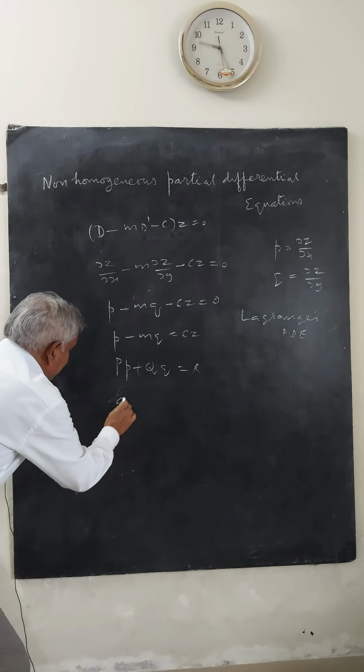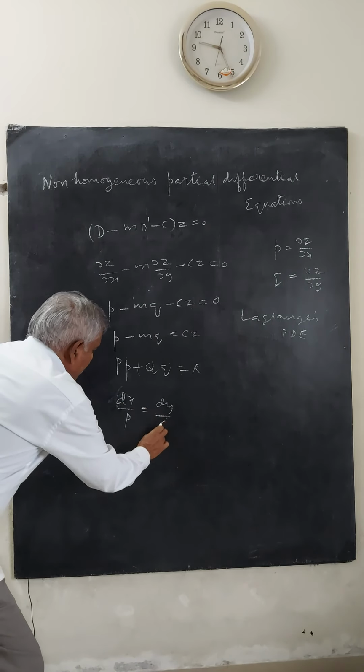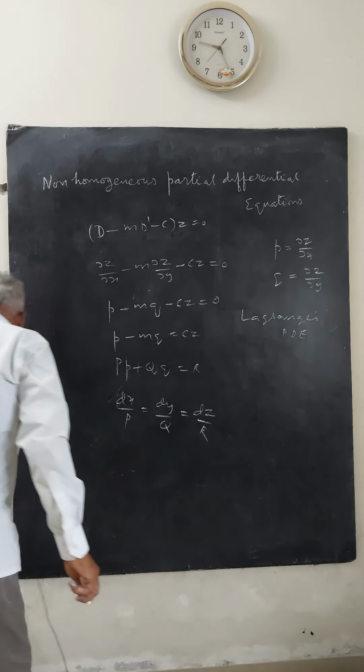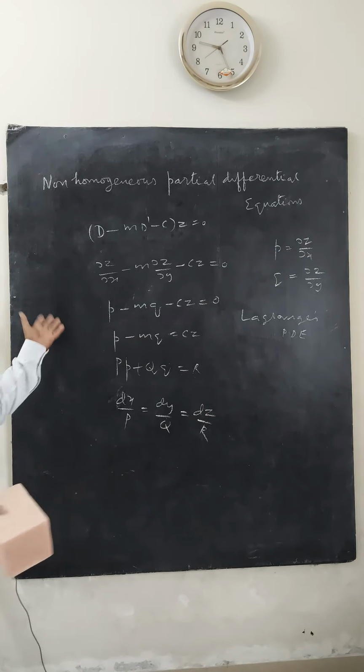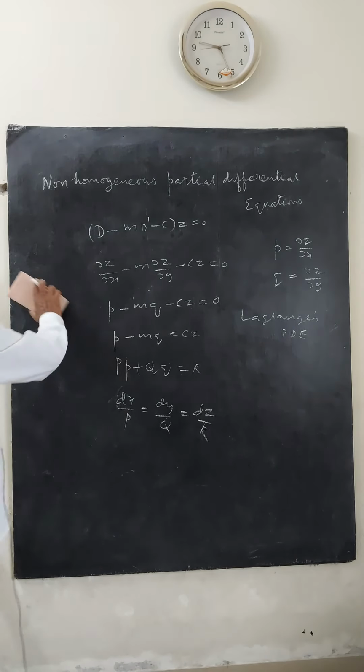In Lagrange's PDE, dx by capital P, dy by capital Q, dz by capital R. This is all standard. We are going to see Lagrange's PDE in later stages.